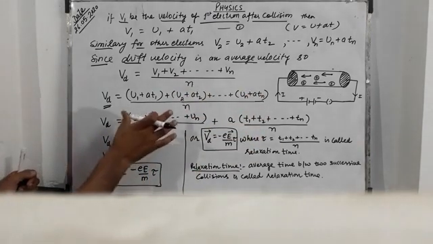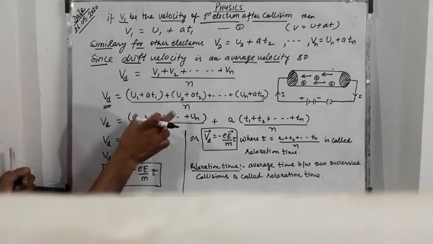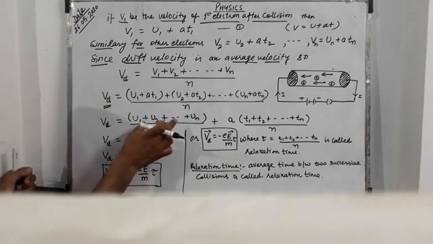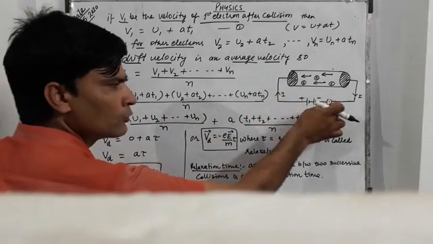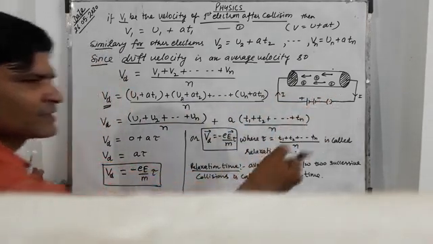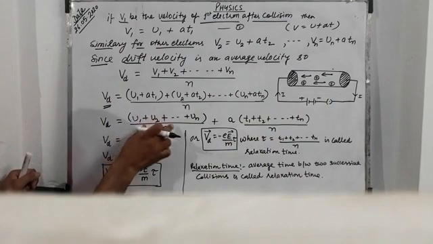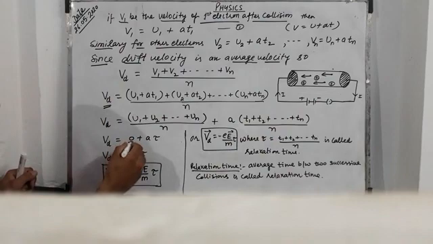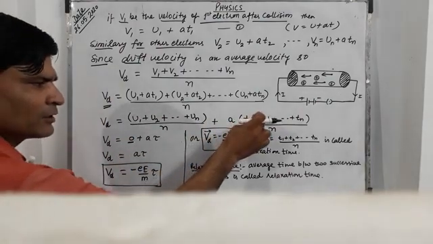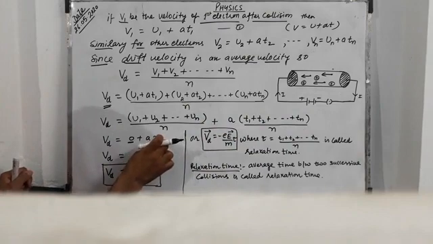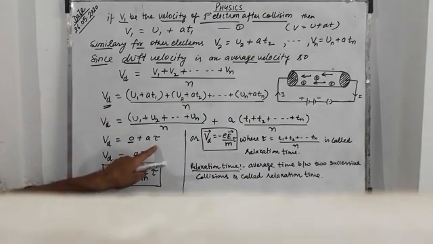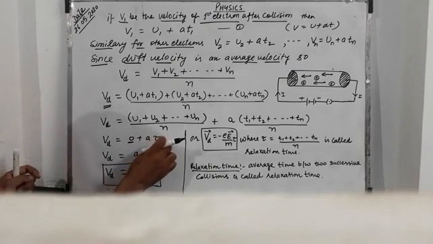Now this is the average thermal velocity of electrons in the absence of electric field, this is initial, when no battery is connected or switch is open. Okay, so this average thermal velocity is 0. Now t1 plus t2 up to tn upon n is equal to tau, that is relaxation time.